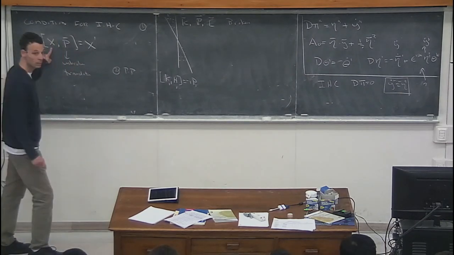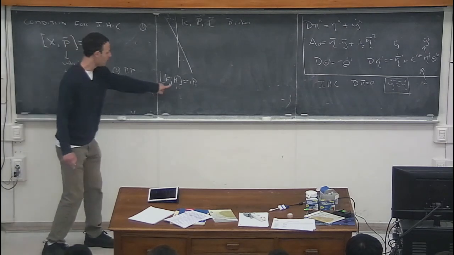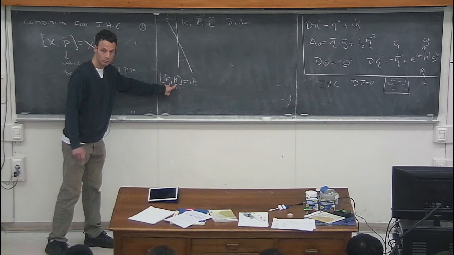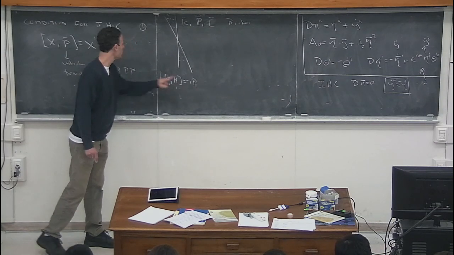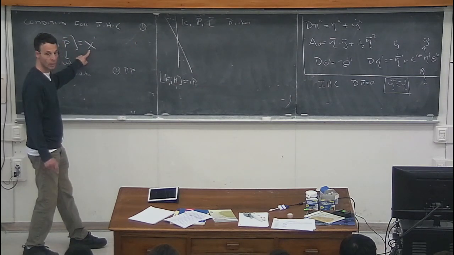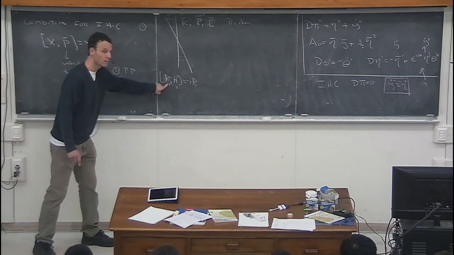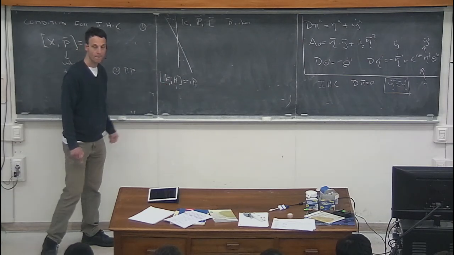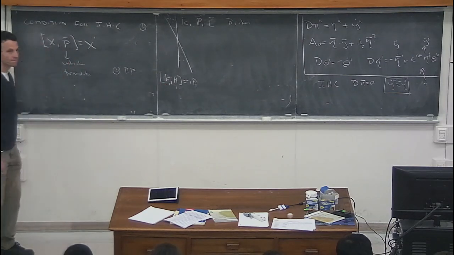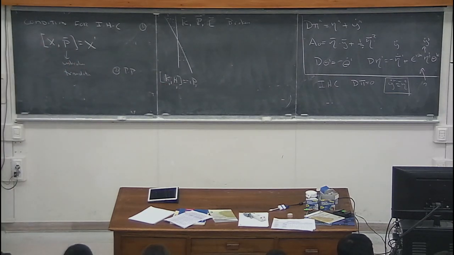That's our X. H is an unbroken translation, right? P is a broken translation, X prime. And what that's telling you is that this guy's Goldstone is unnecessary. Okay? So that's the condition for breaking of translational invariance.